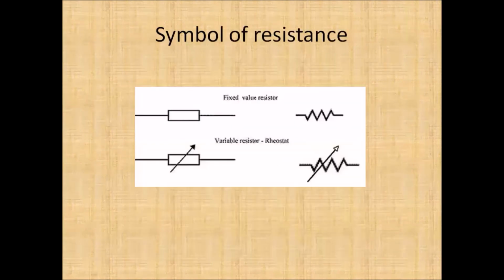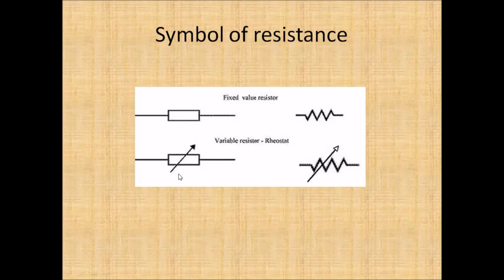Now we will discuss the symbol of resistance. So basically, for a fixed value resistor, this is the IEEE symbol. The zigzag symbol is the old one, and the rectangular block symbol is the new one. So the fixed value resistor is represented as shown here. And if the value of resistance is variable, then in that case, an inclined arrow is used upon the symbol.